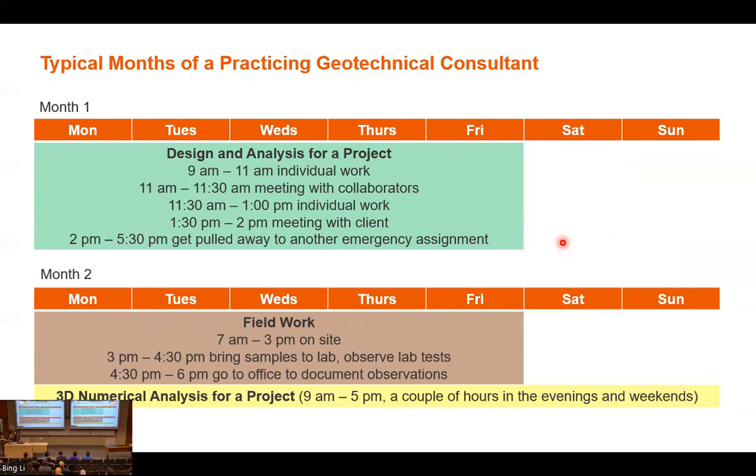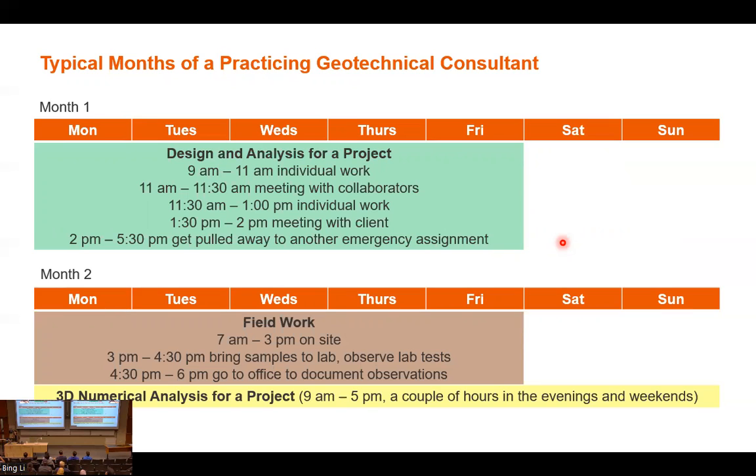So first, if you are a practicing consultant, you may spend a few long dedicated weeks on certain specific projects. So for instance, you may spend a couple of weeks on the design analysis of a project. On each day, you can spend time doing individual work.